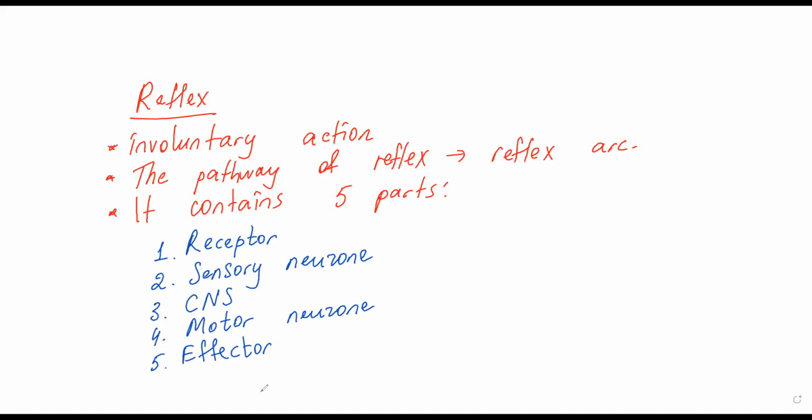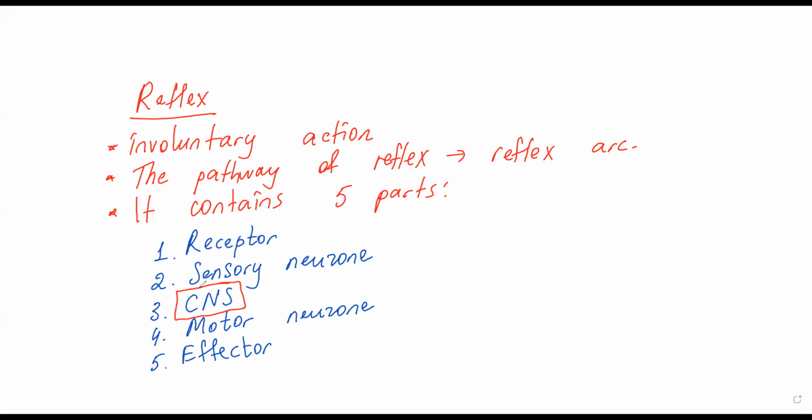Mr. Purvis, can you please explain again the function of the third and fourth one? Of course, I will explain. The CNS, central nervous system, is related to the answer, which answer I will create. So it analyzes the information: which response do I need to create? For example, if my sound is not dangerous for you, your brain does not produce a response.